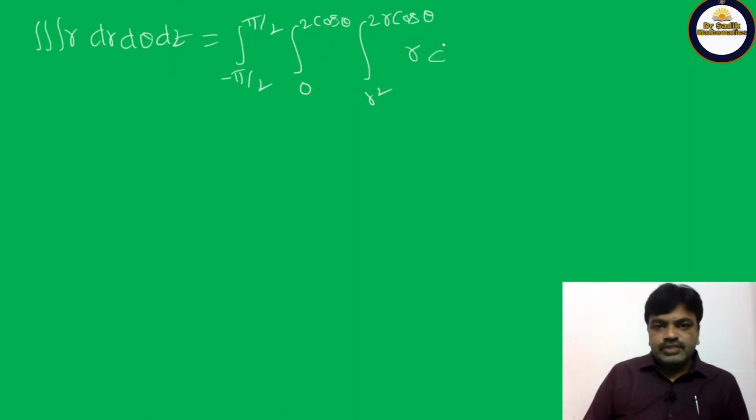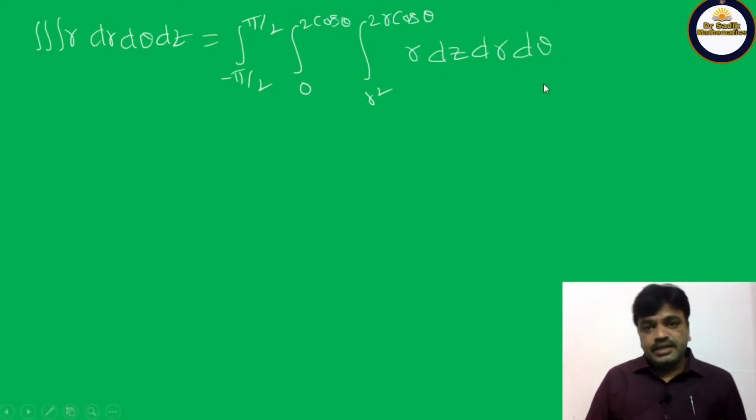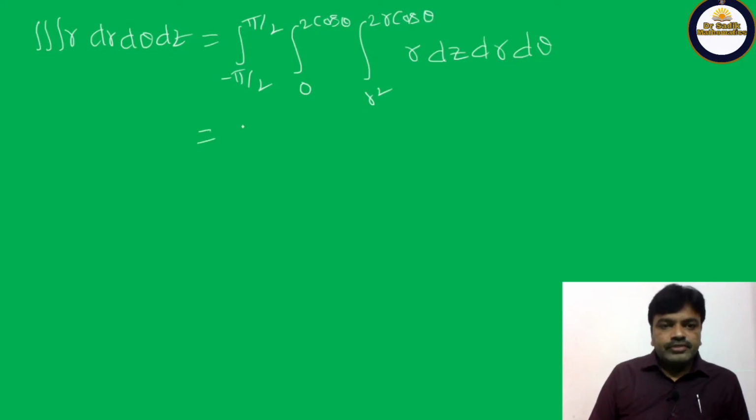These are the limits for z, these are the limits for r, and the limits for theta. So first write the proper order, dz dr d theta. Now integrate, friends. Integral minus pi by 2 to pi by 2, integral 0 to 2 cos theta.